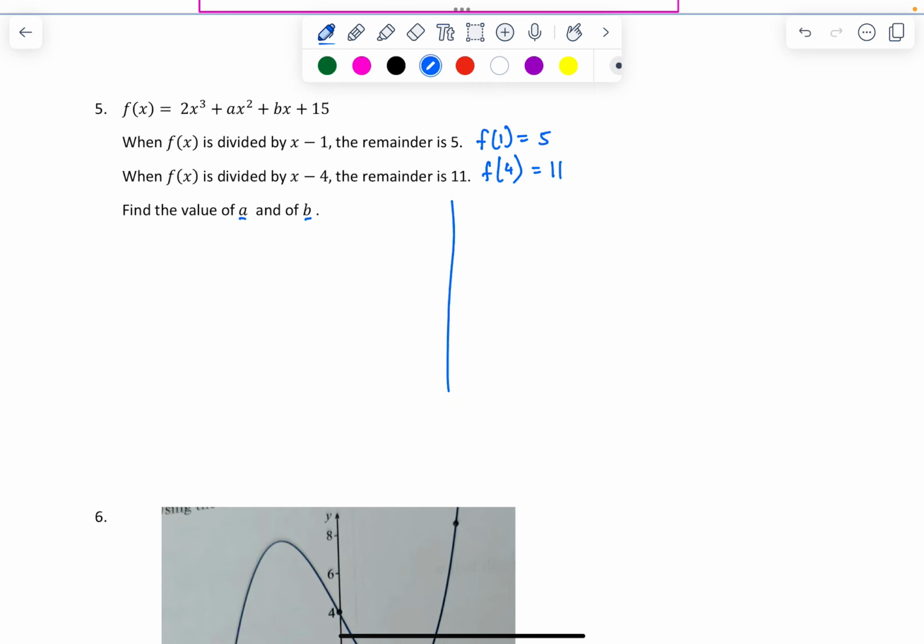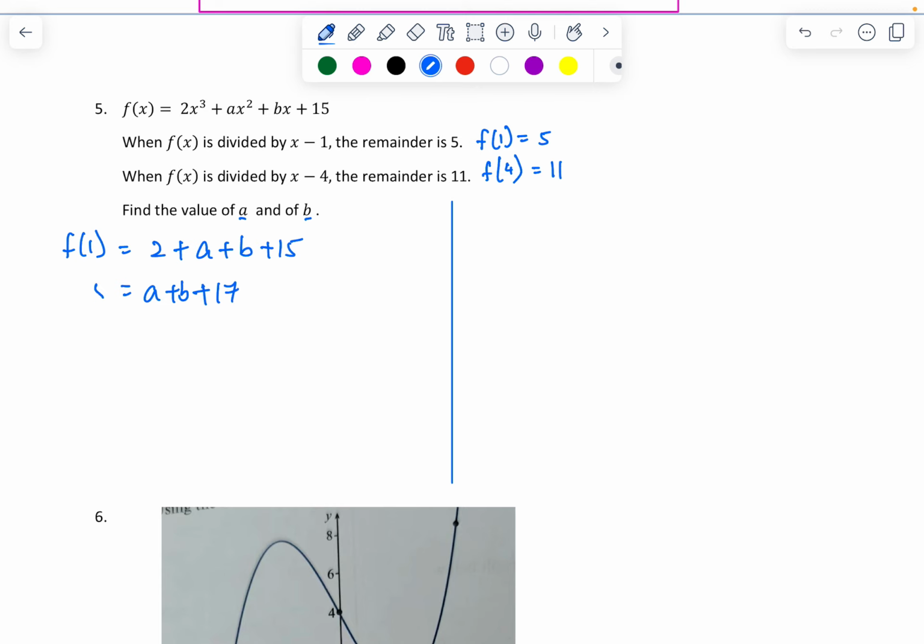So basically we need to make two equations. Is it okay? So for f of 1, we can just remove the x and write only the coefficients, right? So this gives me a plus b plus 17 is equal to 5.